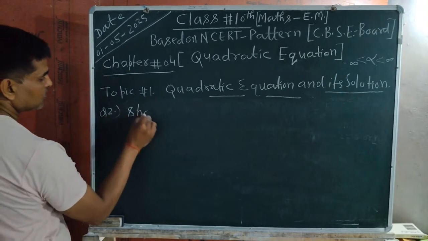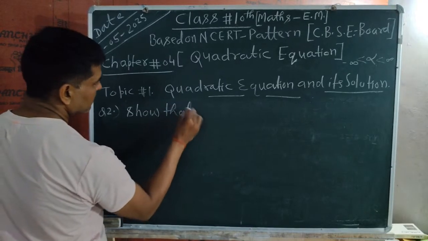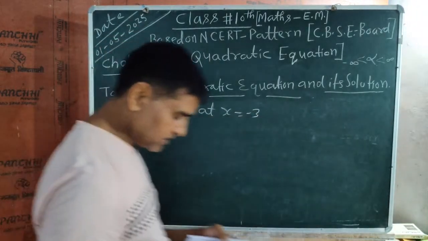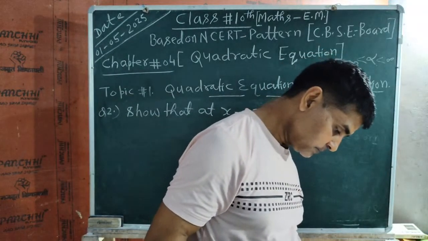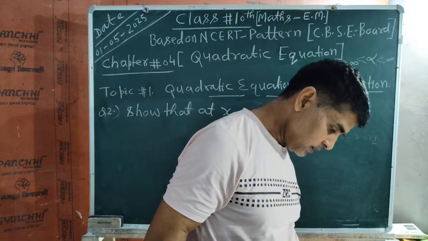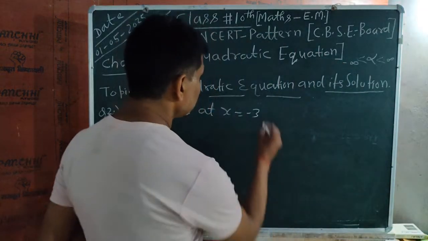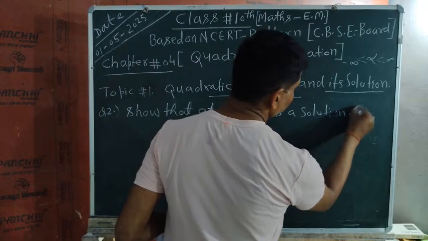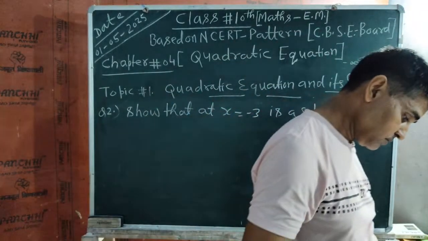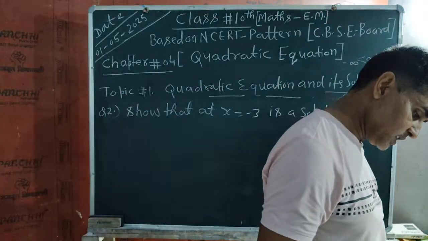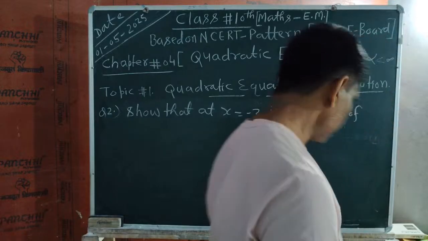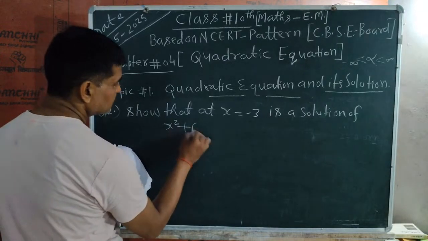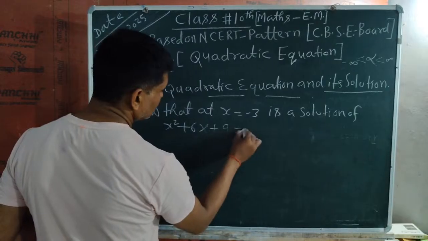Show that x is equal to minus 3 is a solution of the quadratic equation x square plus 6x plus 9 equal to 0.